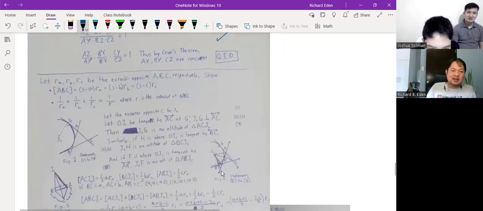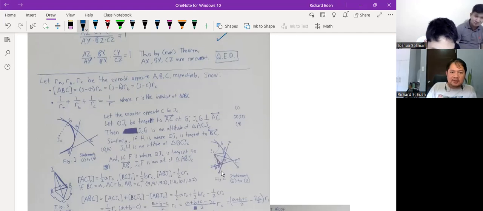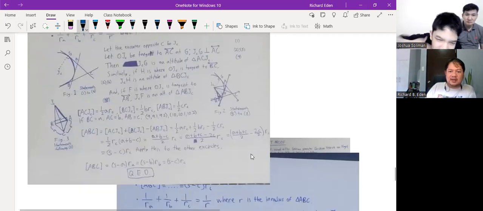Ito, the two things that we need to show. So looking at your triangle ABC, let's say that particular excenter is J sub C, and then circle J sub C. One point of tangency is that point G. So yes, we have that 90-degree angle there.